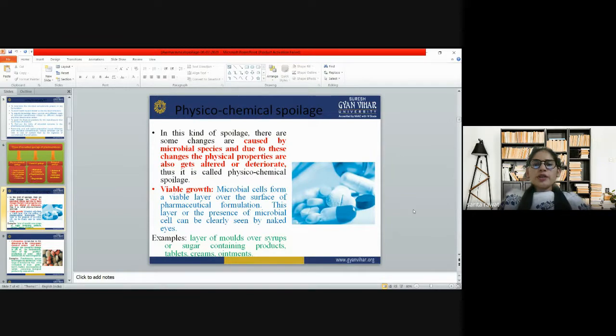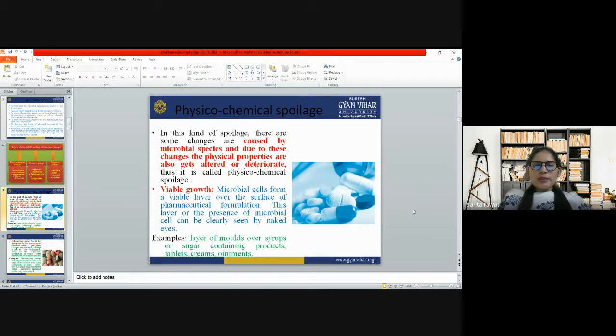Now, physiochemical spoilage. In this kind of spoilage, some changes are caused by the microbial species, and due to these changes, the physical properties also get altered or deteriorate. Thus, it is called physiochemical spoilage, like visible growth. Microbial cells form a visible layer over the surface of the pharmaceutical formulation.